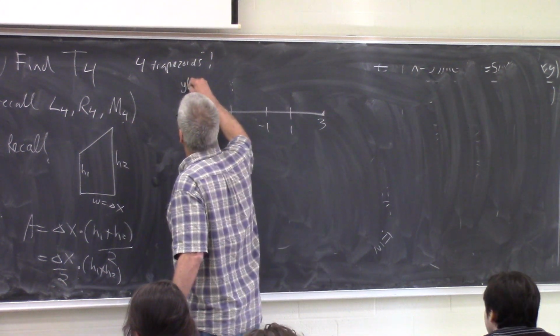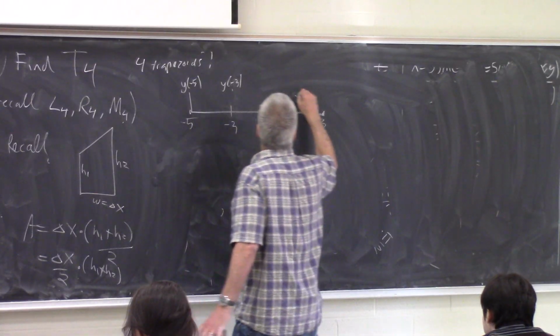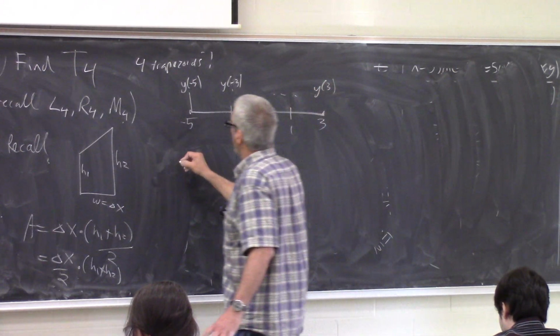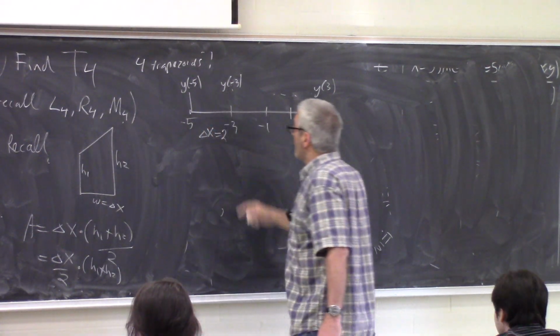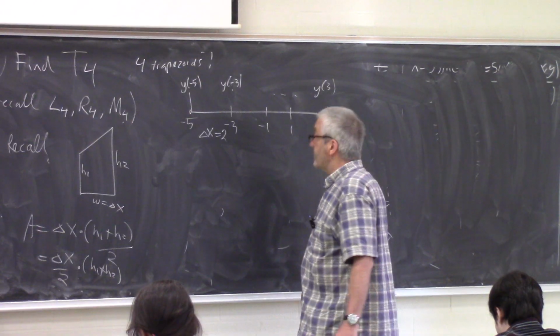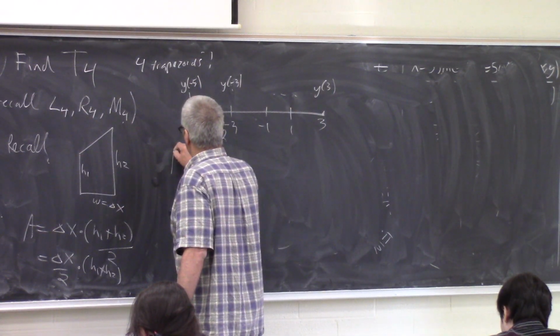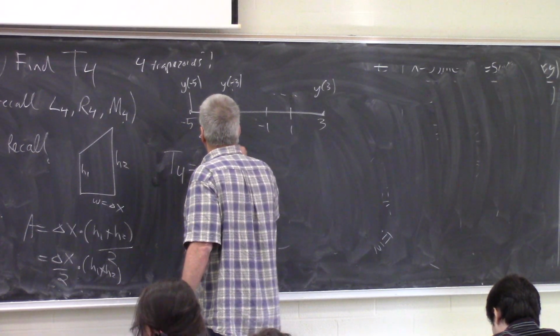This is going to be y at minus 5, y at minus 3, and so forth over to y at 3. So our delta x is going to be 2, so our delta x over 2 is going to be the number 1.